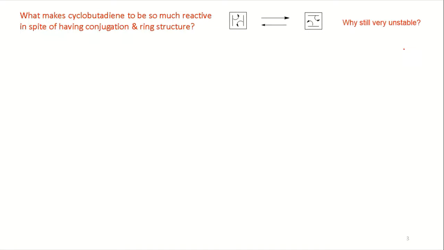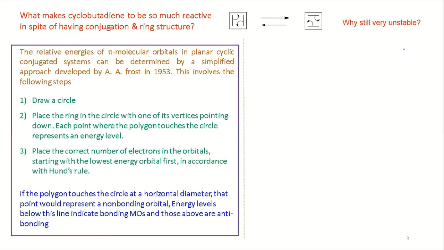That has been addressed by one very well-known scientist. In 1953, he came up with one interesting way of representing the positions of the molecular orbitals of the cyclic system. The scientist was Frost, who developed this in 1953.